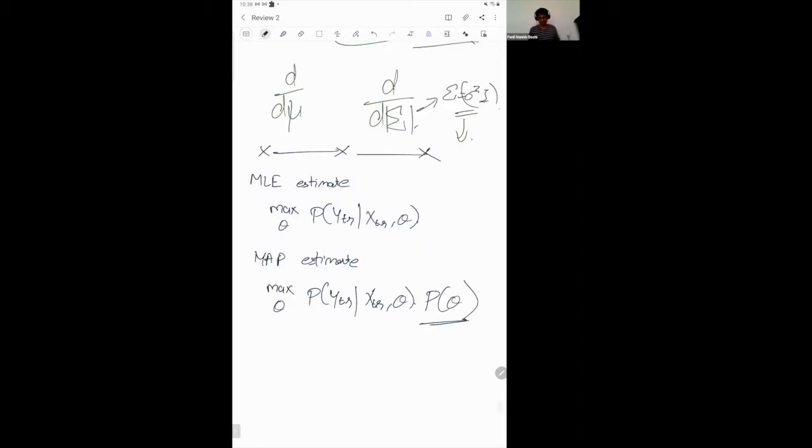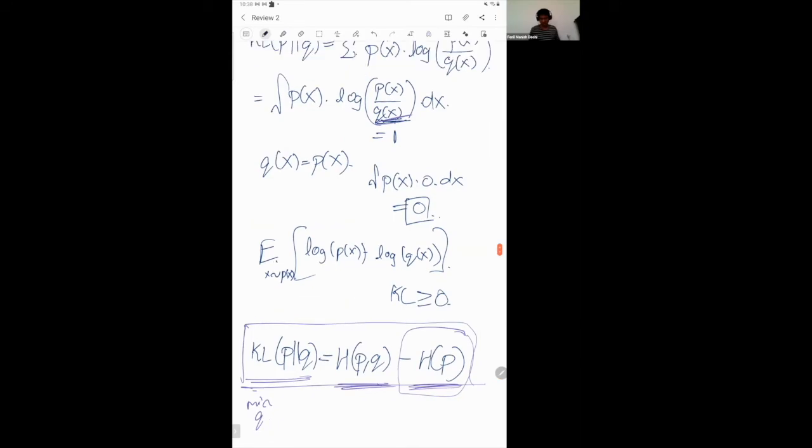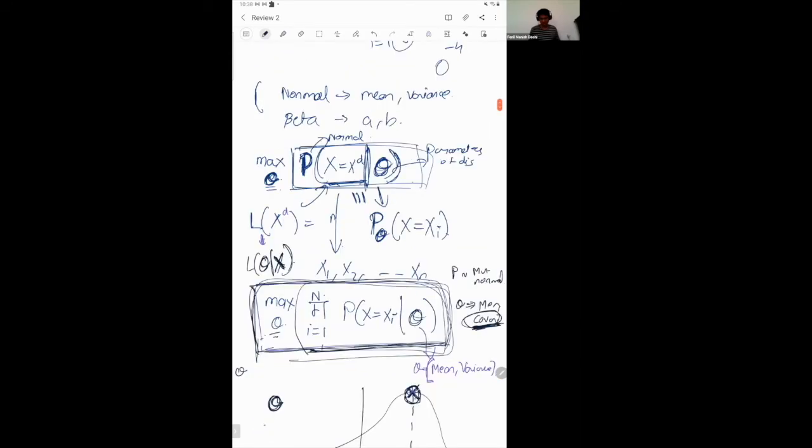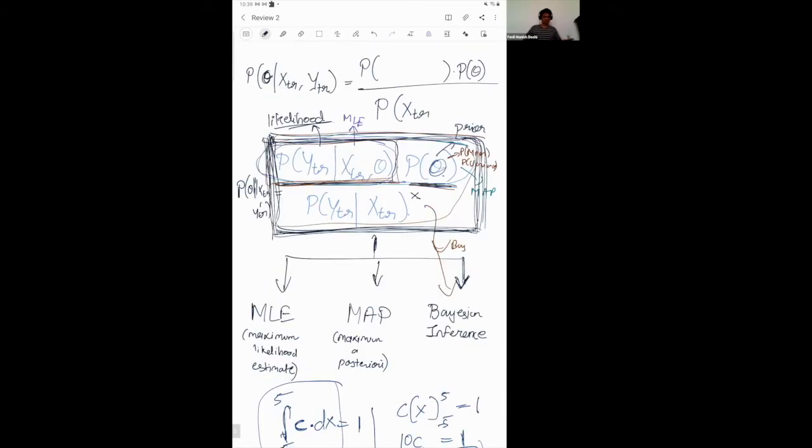The probability of theta was always there in the full inference, but in just MLE, because we didn't have any information, we assumed it was uniform. But now we are explicitly stating that we have some information about it.